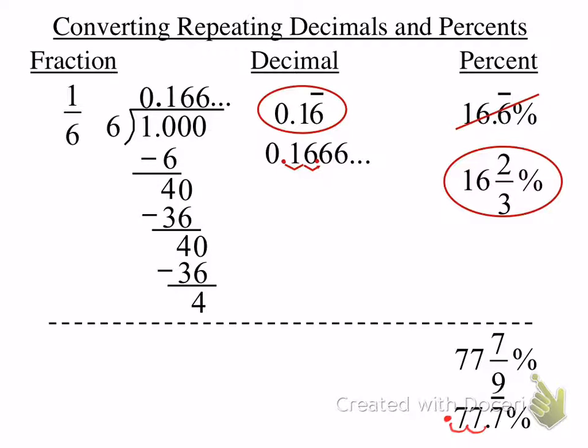As a decimal, that would be 77 hundredths and. Notice I go from here to here, then from here to here.